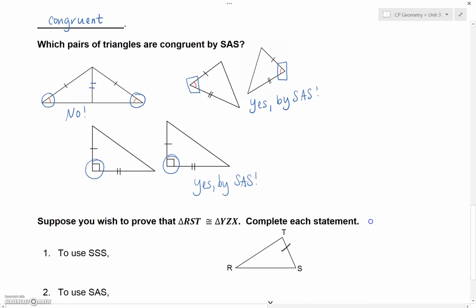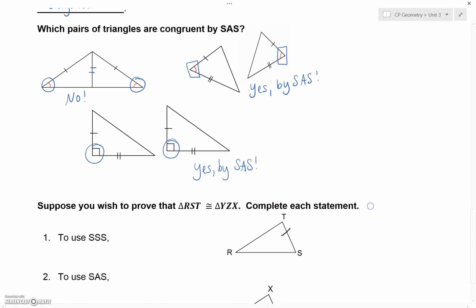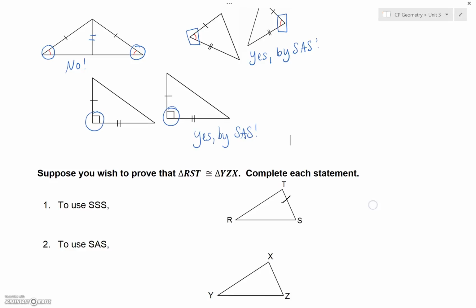And then the last thing that we're going to talk about down here is the additional segments that we would need in order to prove triangles to be congruent.